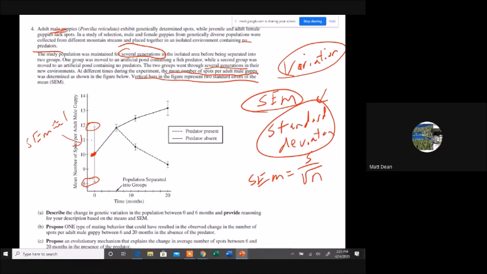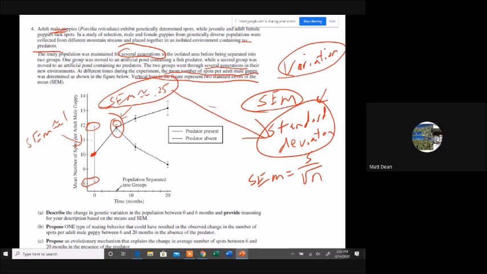But notice when we get to 6 months, which is right here, the mean number of spots is about 12, almost 12. But notice how much smaller the 95% confidence interval is. It's less than 1/2, less than probably a fourth. SEM is maybe 0.25. When the SEM is smaller, that means that the standard deviation was also smaller.